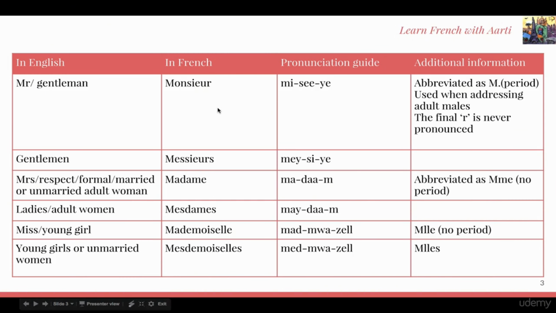Sir or gentleman is monsieur. In monsieur, the final R is never pronounced. Gentleman in plural is messieurs.